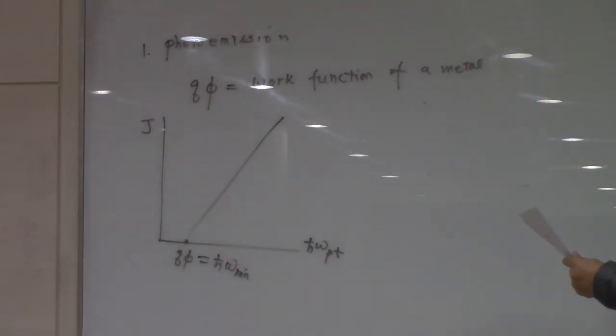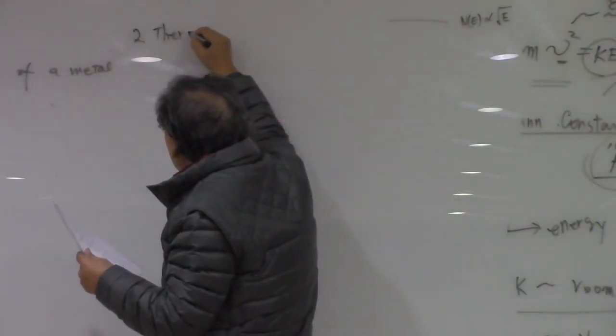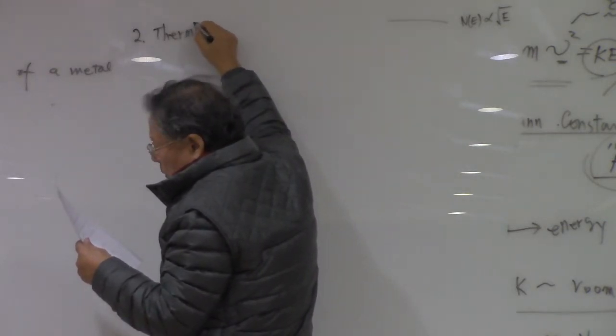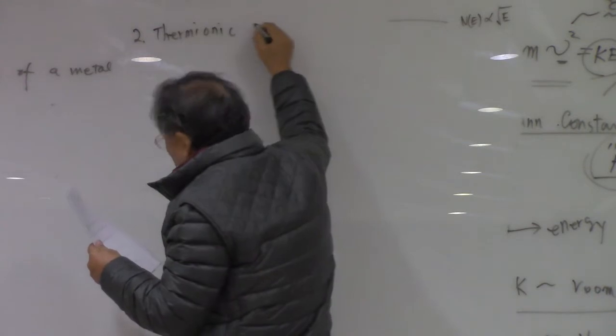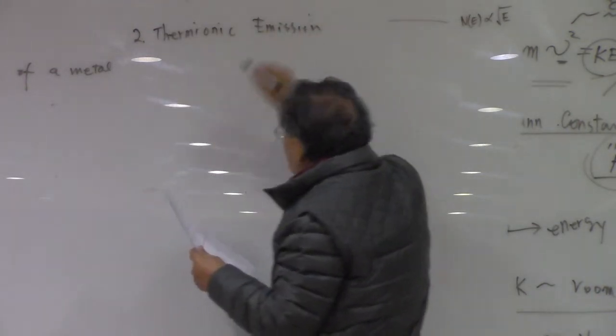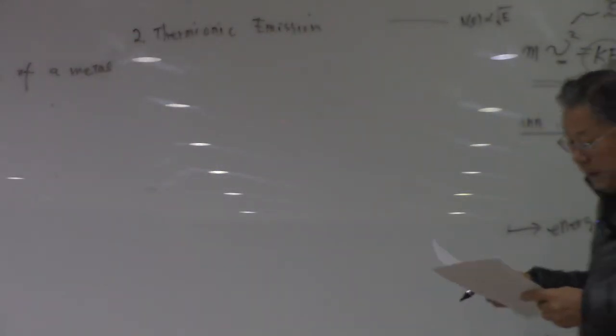Now, the thermionic emission is the emitting of electrons by the temperature. Thermionic emission. Emission of electrons by the temperature, okay?